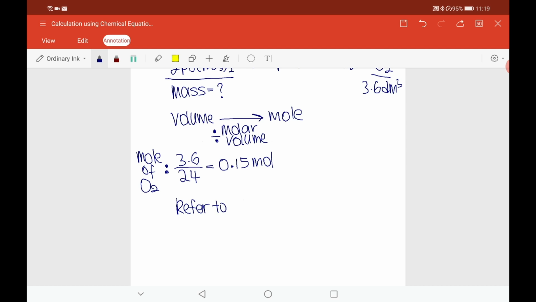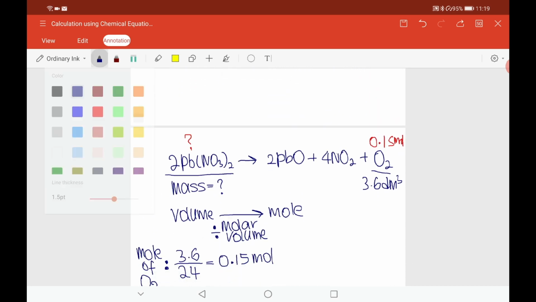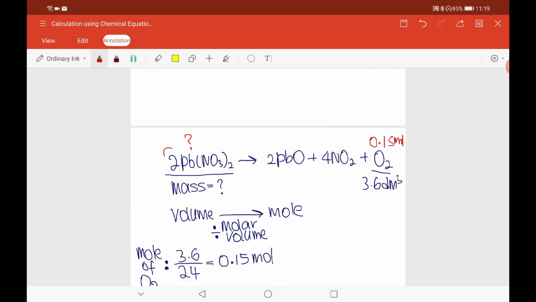The ratio we refer to is lead nitrate, PbNO3 twice, and also the oxygen. For the ratio, we look at the number at the front of the equation. Lead nitrate, the number in front is 2. Oxygen, no number in front, that is 1.